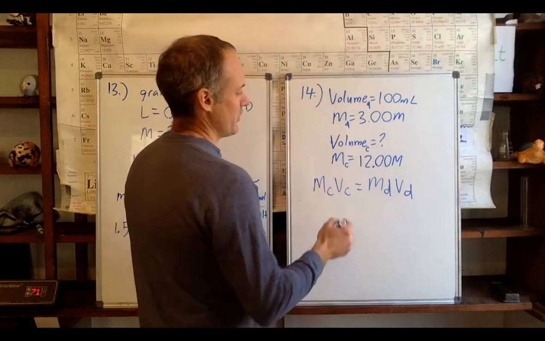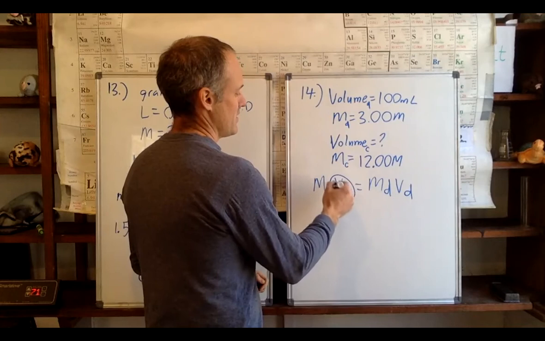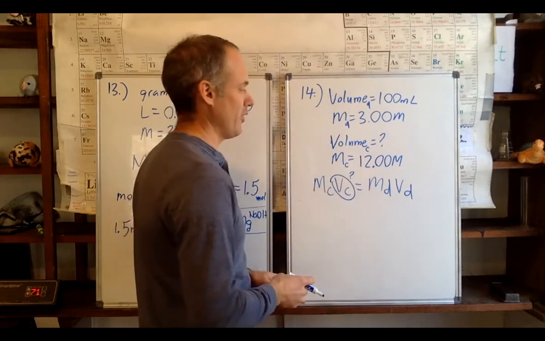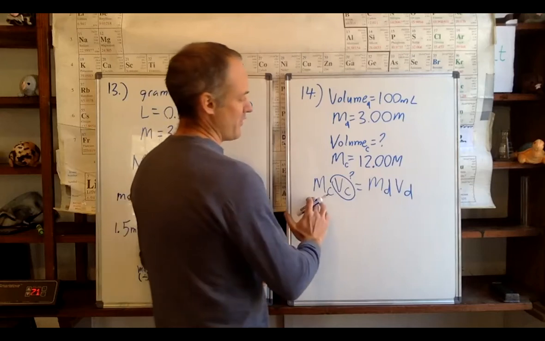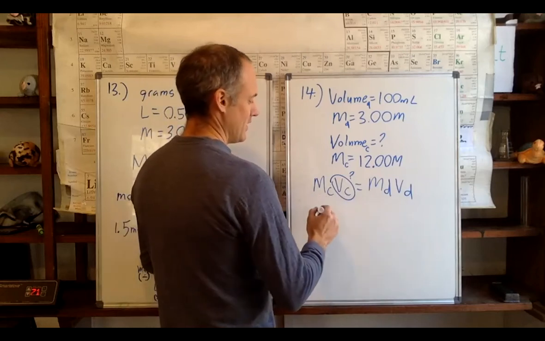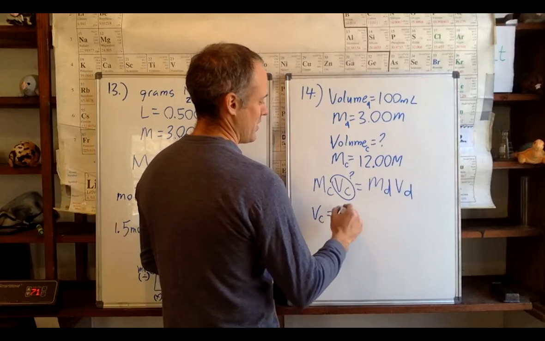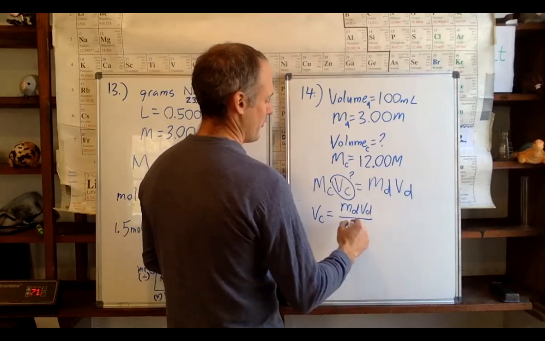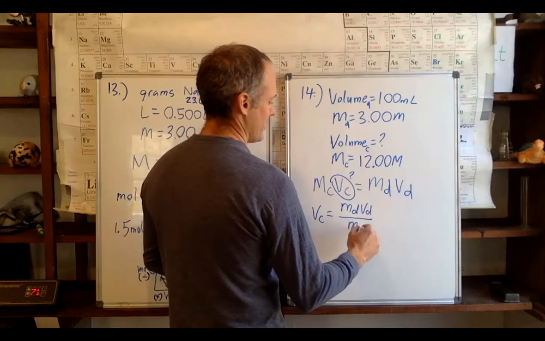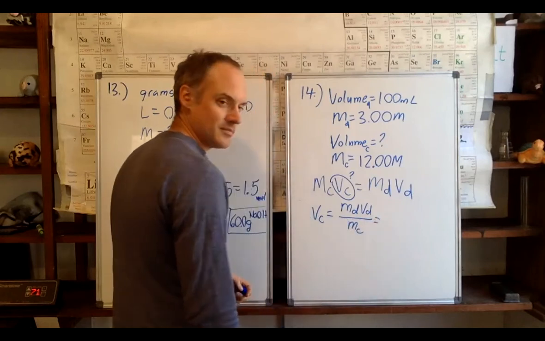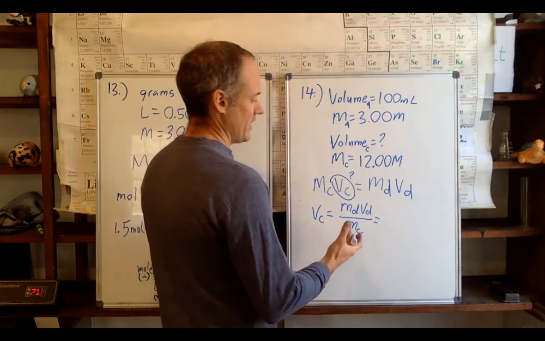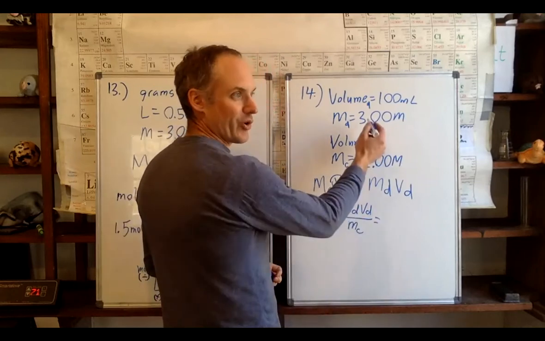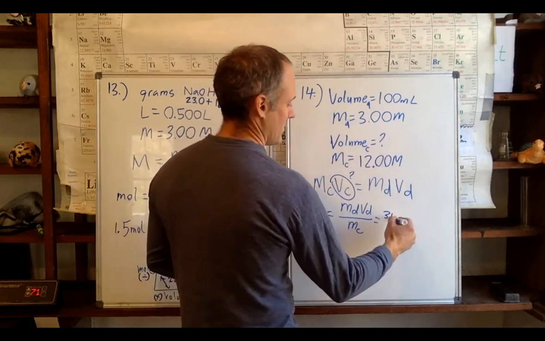So really the only one we don't know is volume concentrated, so we need to solve for volume concentrated. If we divide both sides by MC, you end up with volume concentrated is equal to molarity dilute times volume dilute, over molarity concentrated. So setting that up, molarity dilute is 3 molar.